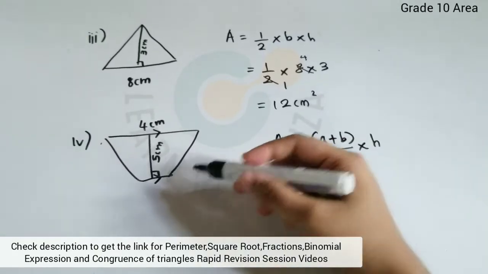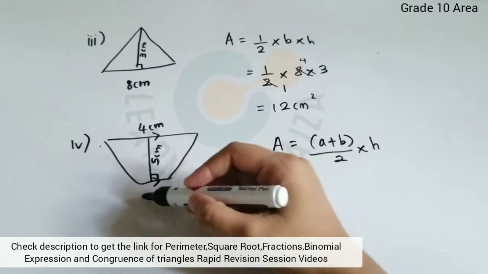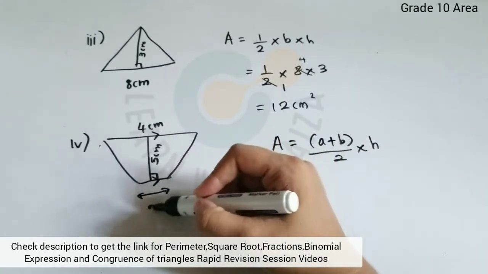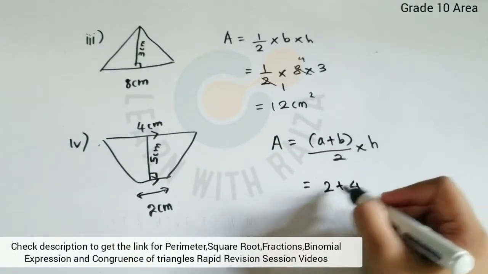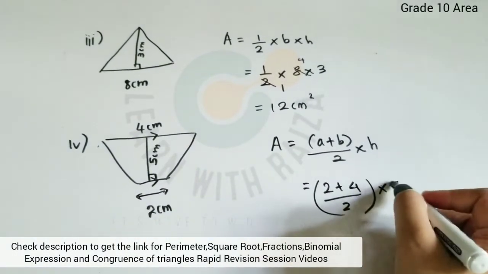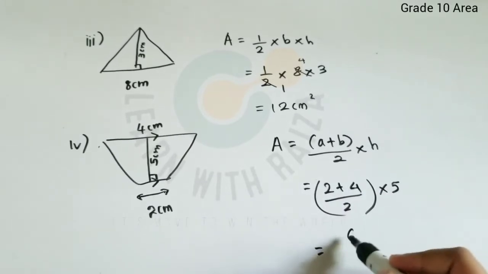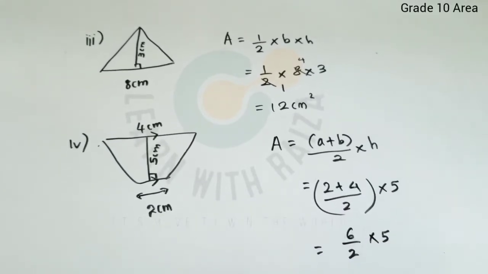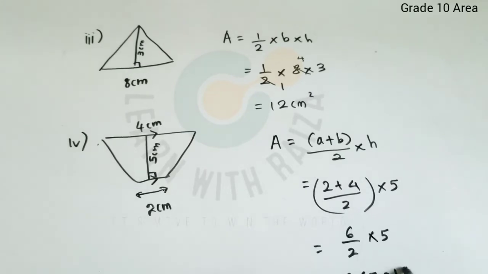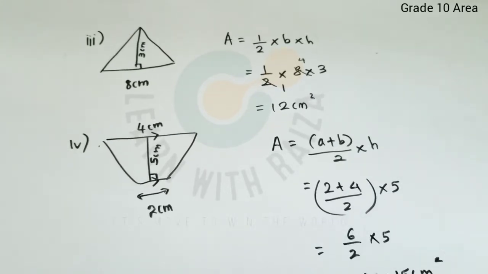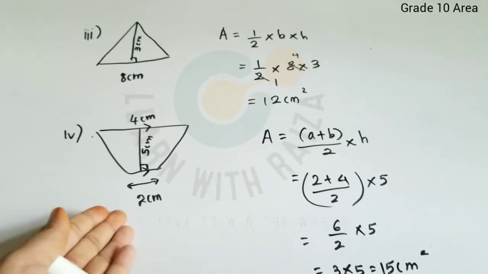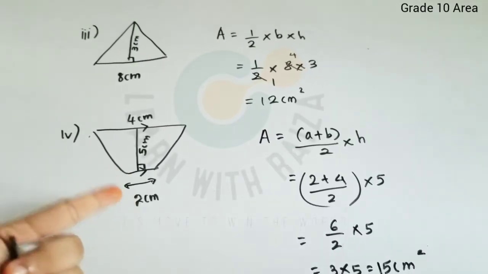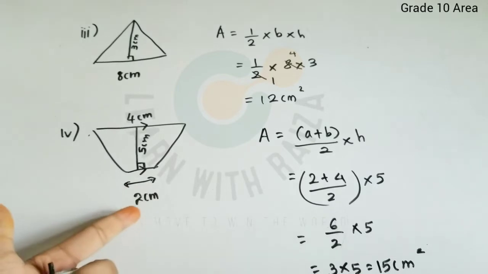Now here there is a small problem in this question. They have not given this length, so we will take it as 2 centimeter. Now we can do 2 plus 4 divided by 2 multiplied by perpendicular height. So you get 6 divided by 2 into 5, that is 3 into 5, 15 square centimeter. The children who have done the paper already can get bonus marks for this one, since they have not provided this measurement.